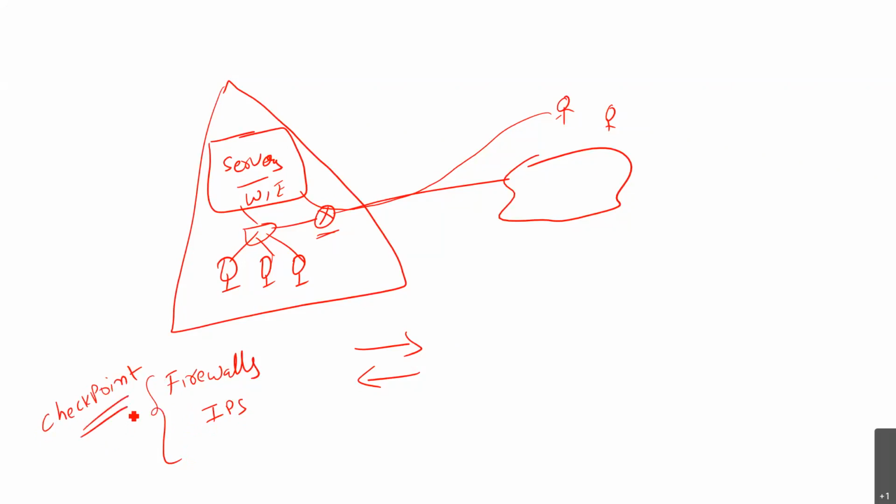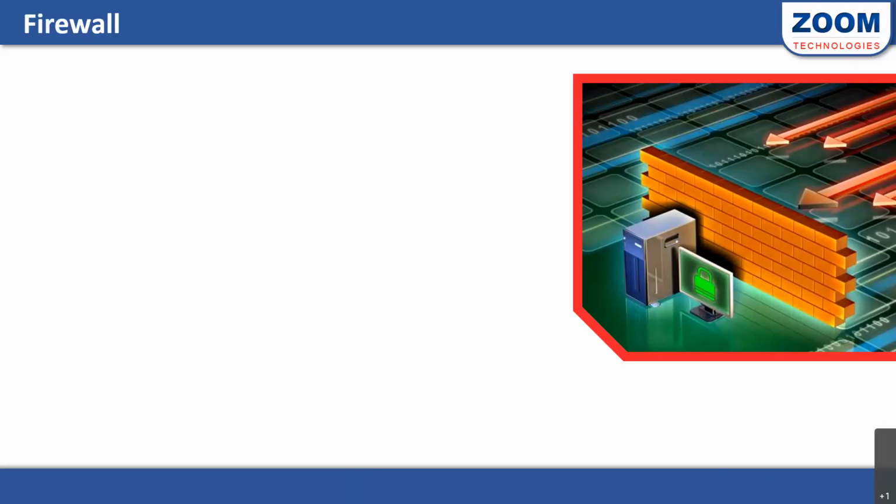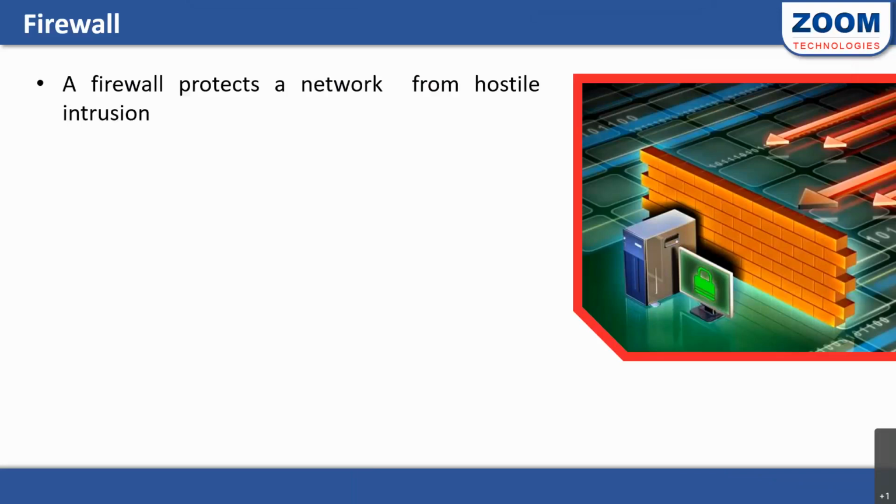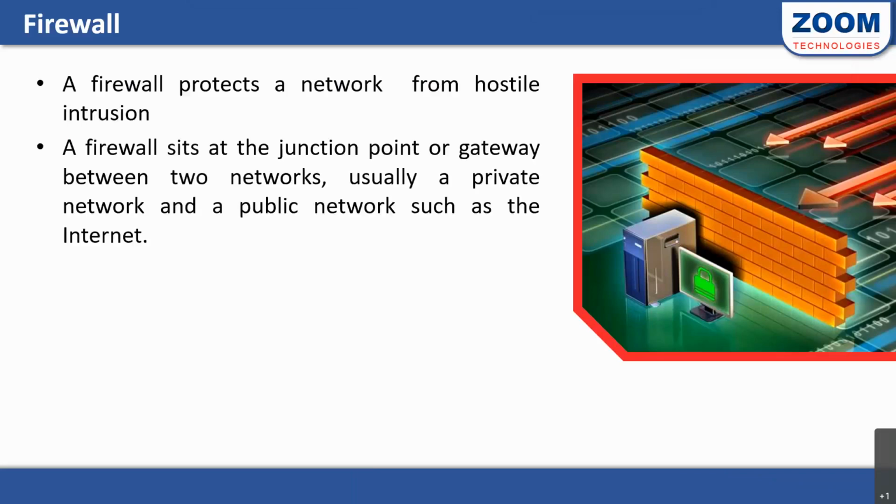Checkpoint is considered to be one of the best firewalls in the market, and in some ways, Checkpoint is the one who actually created this firewall technology. So let us see what a firewall actually is and why we need it. A firewall protects our network from intrusion.